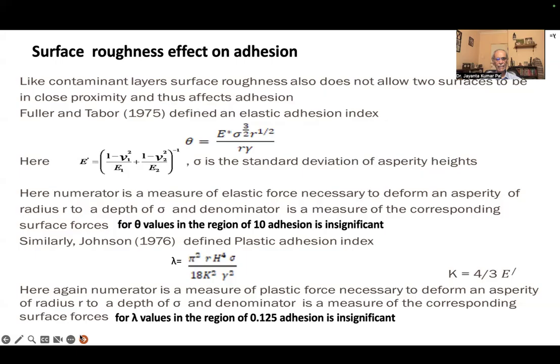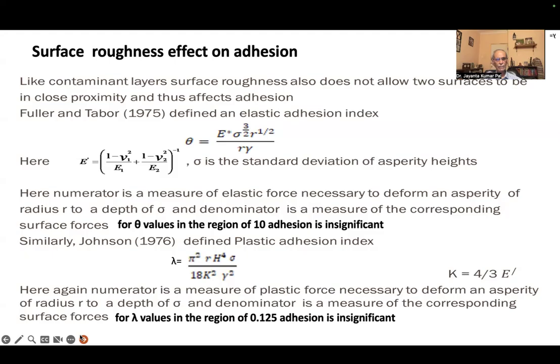So they said that this gives a measure of the ratio of elastic forces necessary to deform an asperity of radius R to a depth of sigma, and the denominator is a measure of the corresponding surface forces.